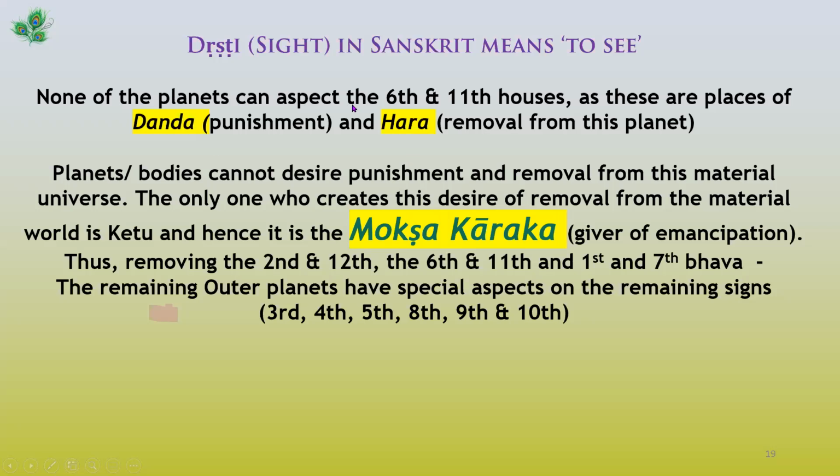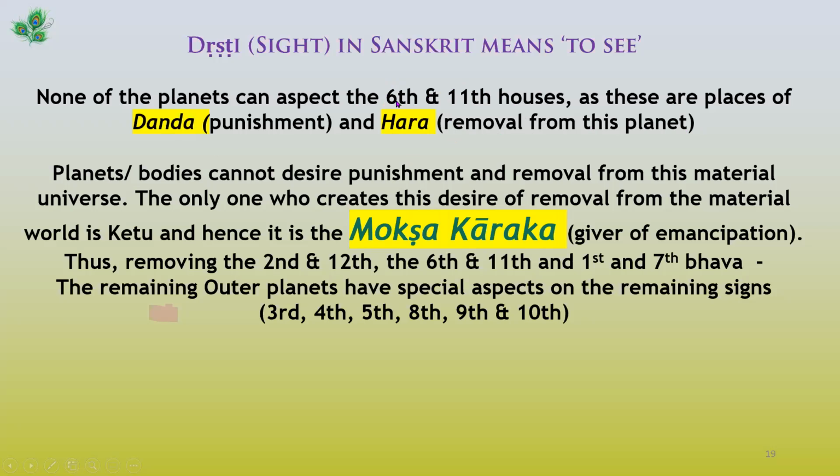None of the planets can aspect the 6th and 11th house, as these are places of danda, punishment, and hara, removal from this planet. What this means is that the 6th house and the 11th house, remember we began that they are the trick houses. These houses are absolutely punishing.